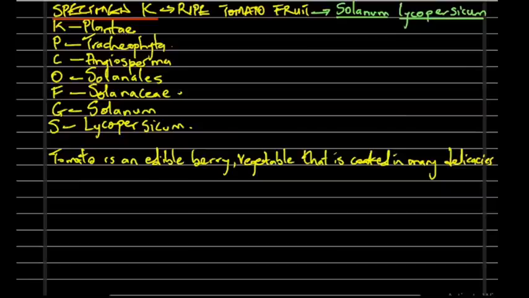So the tomatoes are crops that are cultivated in temperate climates, environments that are not very cold or too hot. And the plant has a height of about 3 meters. Let me put that down. Cultivated in temperate environment.